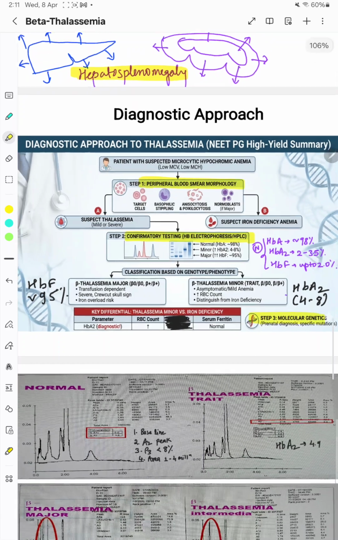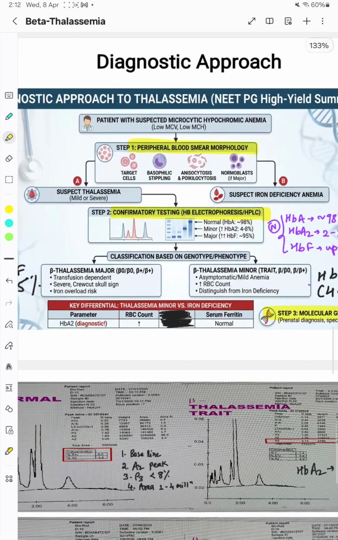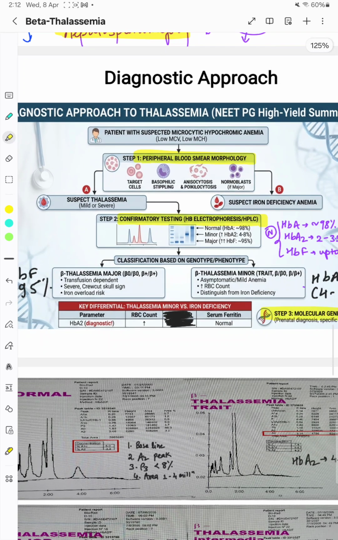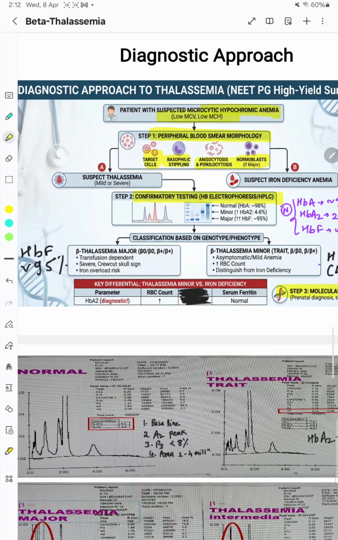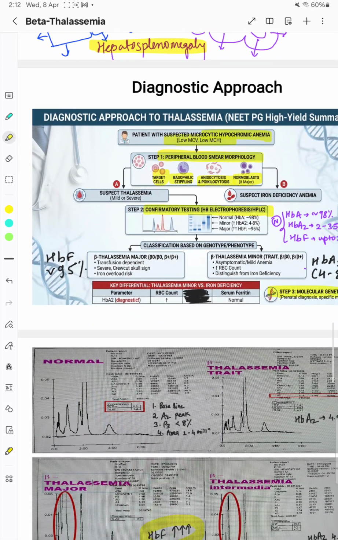Now we will see the diagnostic approach to beta thalassemia. The patient presents with clinical symptoms of anemia. On complete blood count, there is microcytic hypochromic anemia with low RBC indices, MCV, MCH. On peripheral smear, there are target cells, basophilic stippling, anisopoikilocytosis, normoblasts, and polychromasia. Now, our main two differential diagnoses are beta thalassemia and iron deficiency anemia.